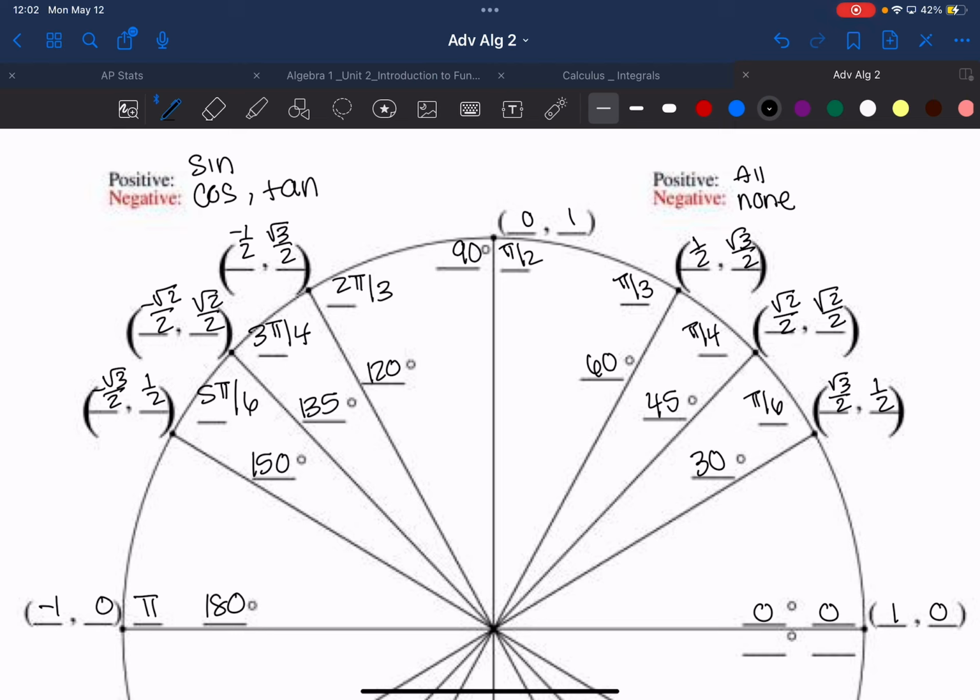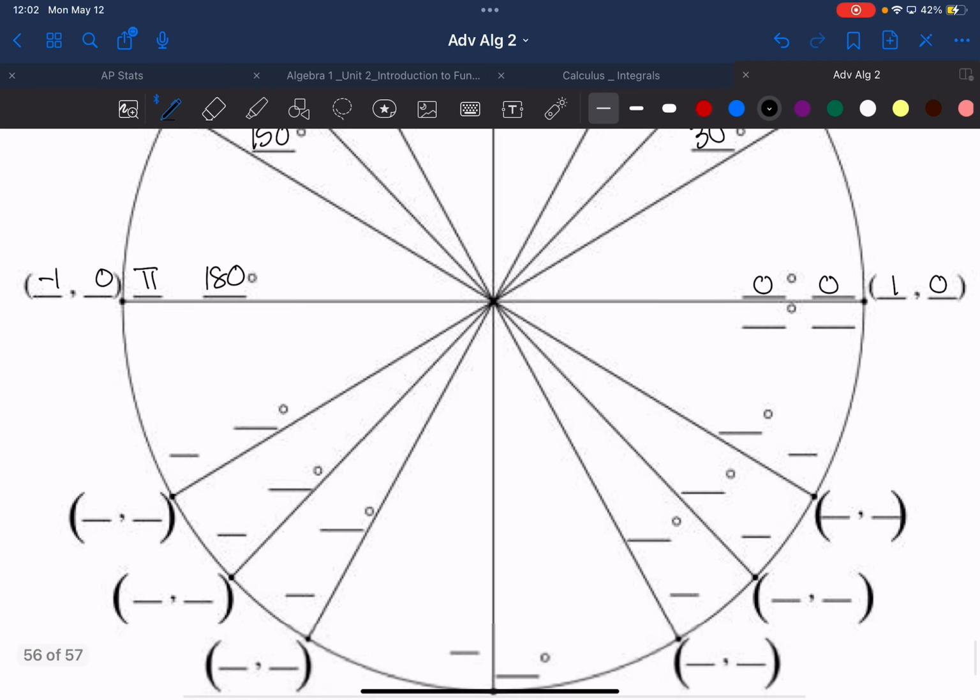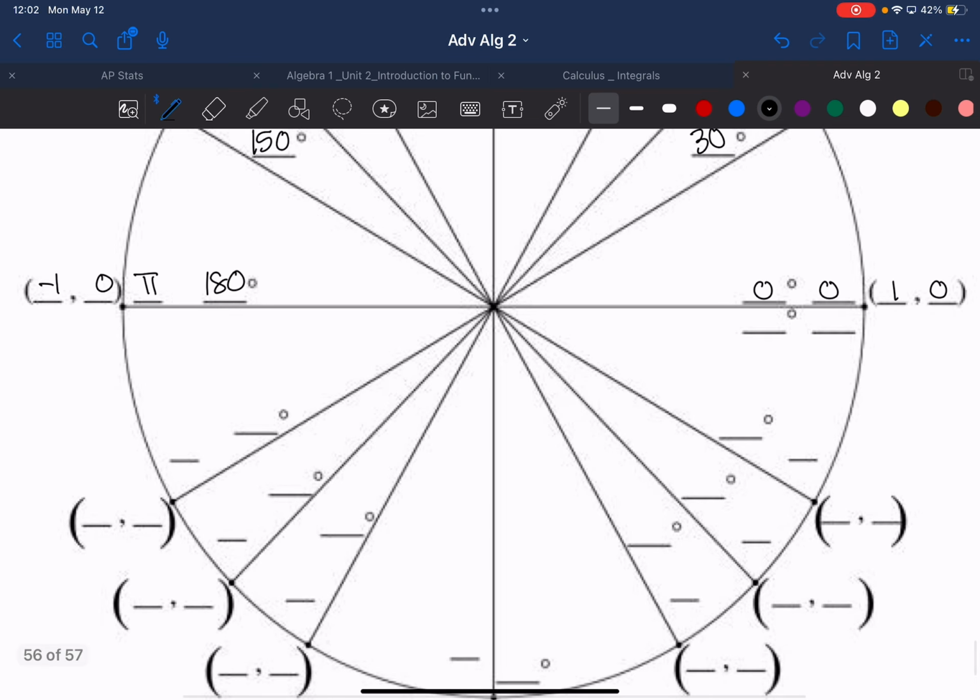Okay, so that's the first two quadrants. Now we're going to do quadrant 3. Remember, we ended at 180, so continuing with our degrees, we have 210, 225, 240, and 3/4 of our circle is 270.